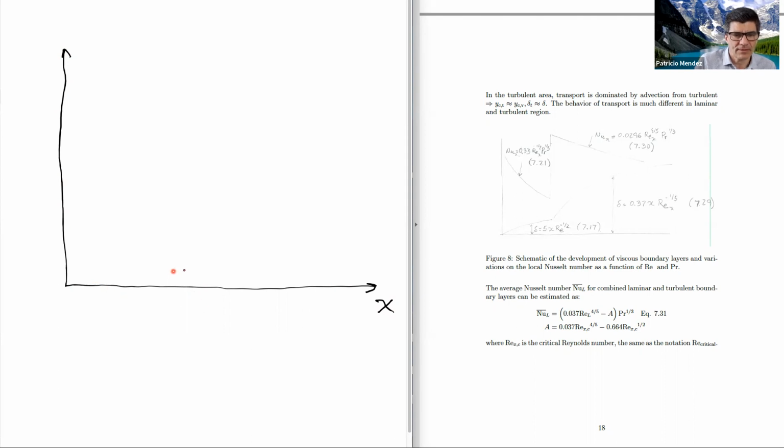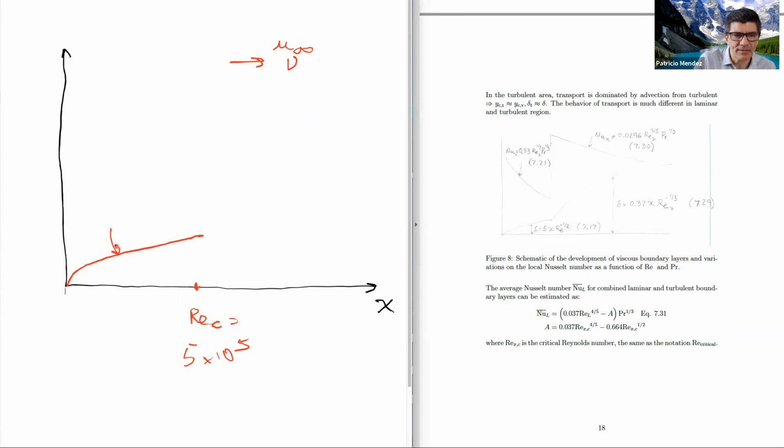So let's say we have a given U infinity, and we have a given kinematic viscosity. So at some point, we're going to have a critical Reynolds number, that is 5 times 10 to the 5, and it's going to happen sometime downstream. So at the beginning, we would have a laminar boundary layer.